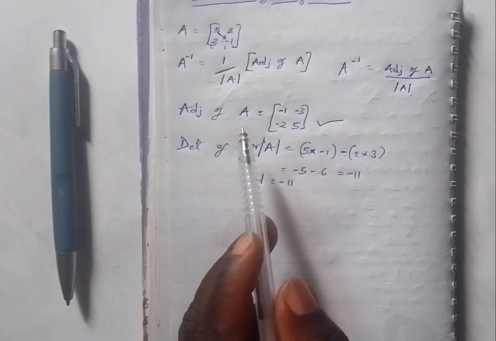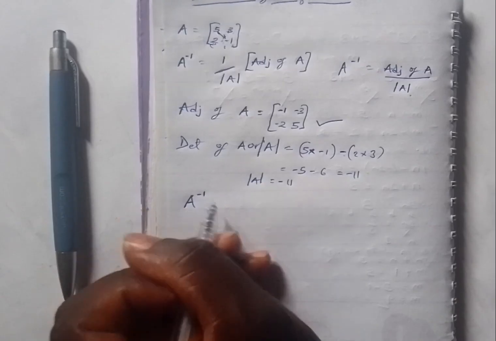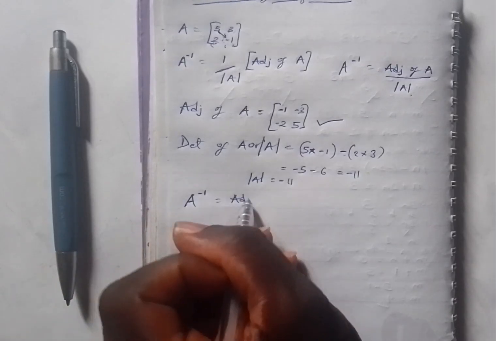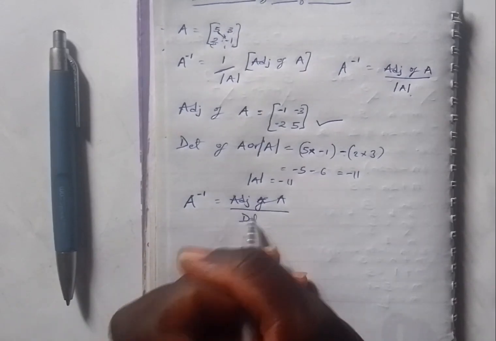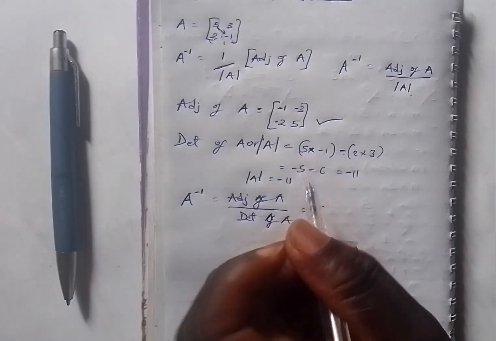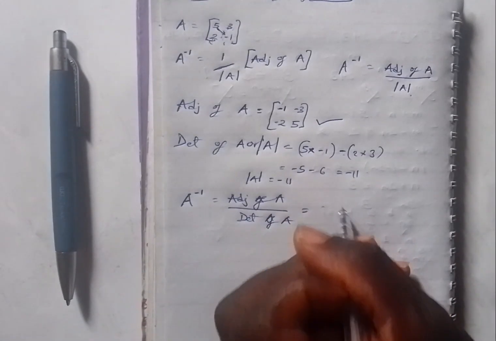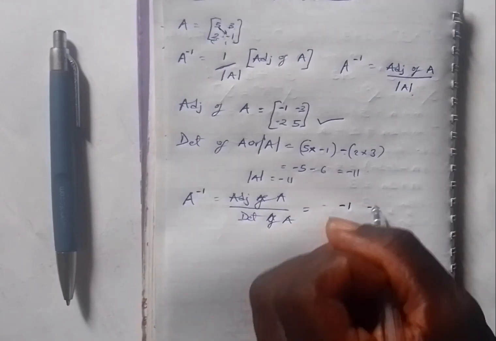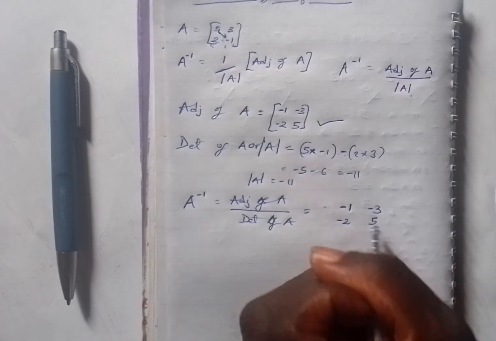Now we can now get the main answer. The main question is the inverse of the matrix. So the inverse of the matrix, remember, it is adjoint of the matrix over determinant of the matrix. So the adjoint of the matrix, we have gotten it as minus 1, minus 3, that's this place, minus 2 and 5.